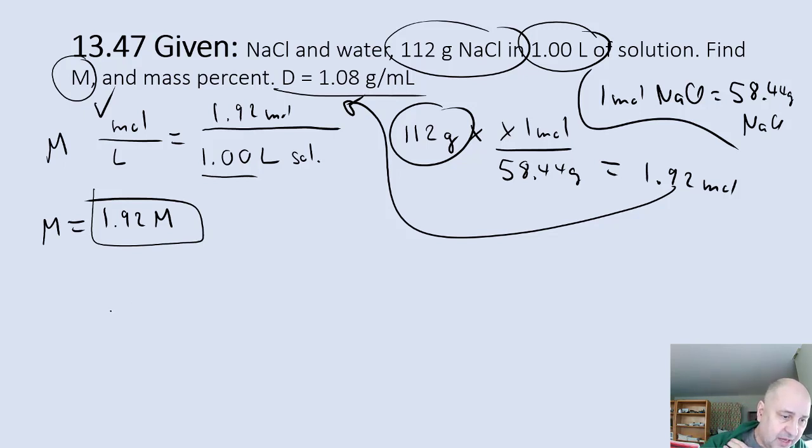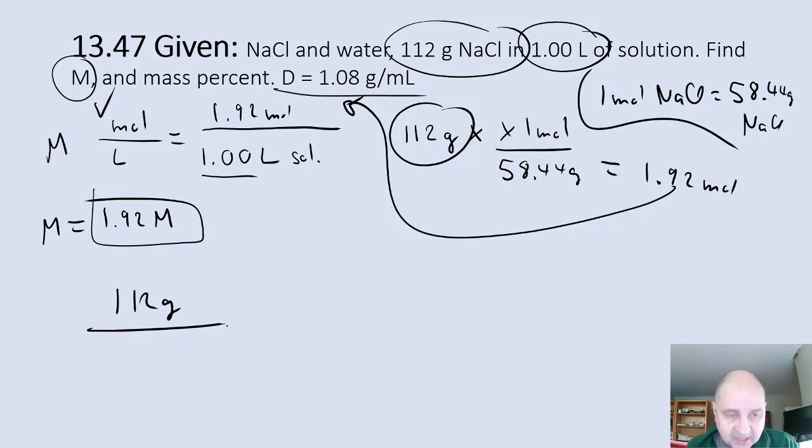So if we do mass percent, 112 grams, we want to know how many grams of solution we have, right? So it's not 1,000 grams. Because the units of density are grams per milliliter, we need to convert liters to milliliters. So we have 1,000 milliliters. And if we apply that to the density, we can get to grams, right?